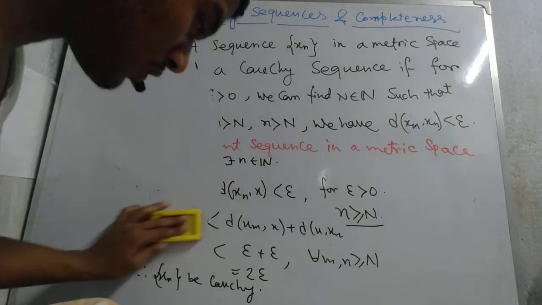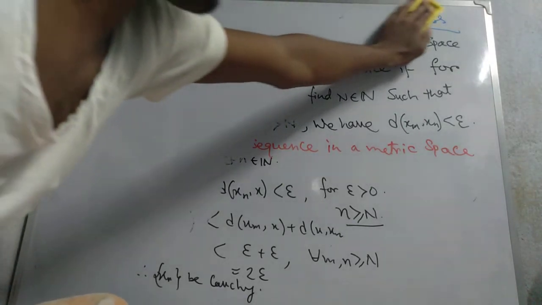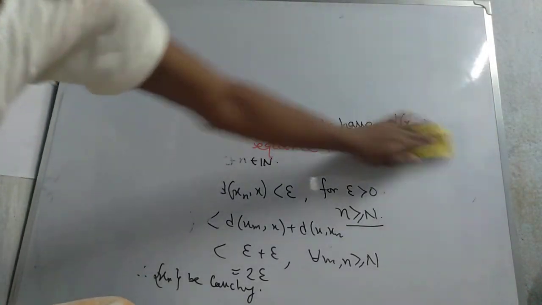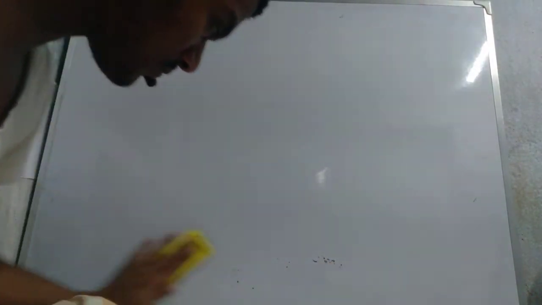And also the converse is not true. How do we discuss this one? This converse is not true. That means if a sequence is Cauchy, then it is not necessarily convergent. Take 1 by n.